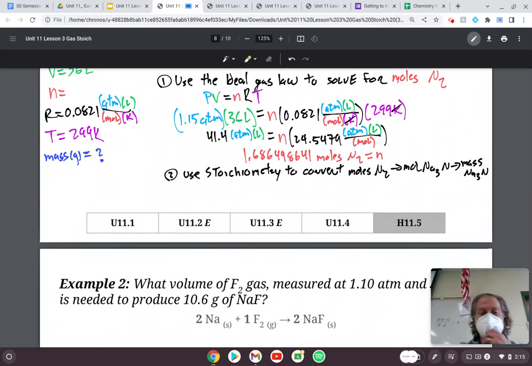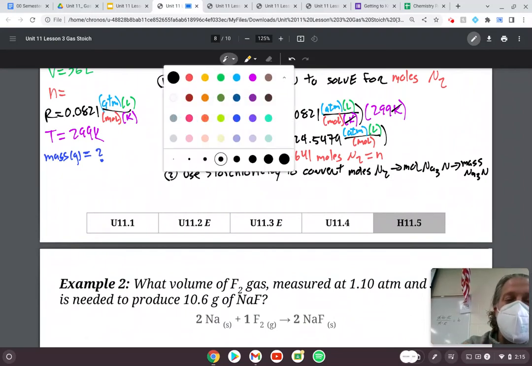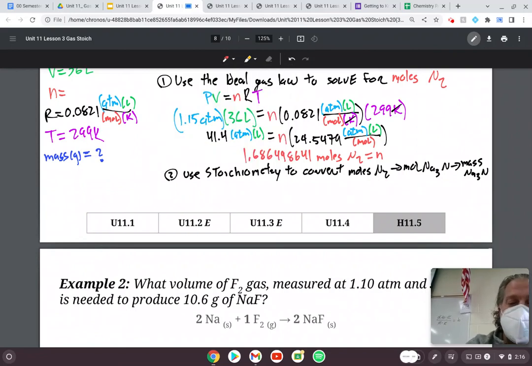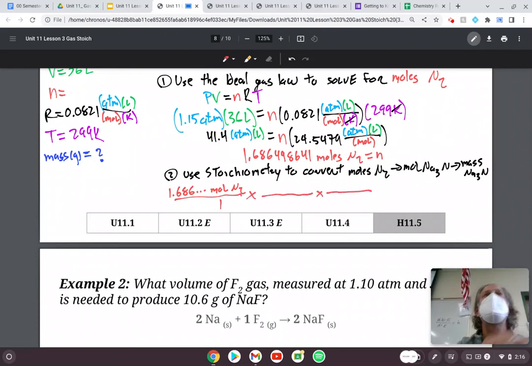Just like we've done before, I'm going to take my new value for moles of N2, the 1.686 moles of N2, and put it over 1. I'm going to go mole to mole, and then mole to mass. Pardon? You don't round it yet? You can, but I usually keep it in my calculator. It would be 3 sig figs if you wanted to round it, I guess.